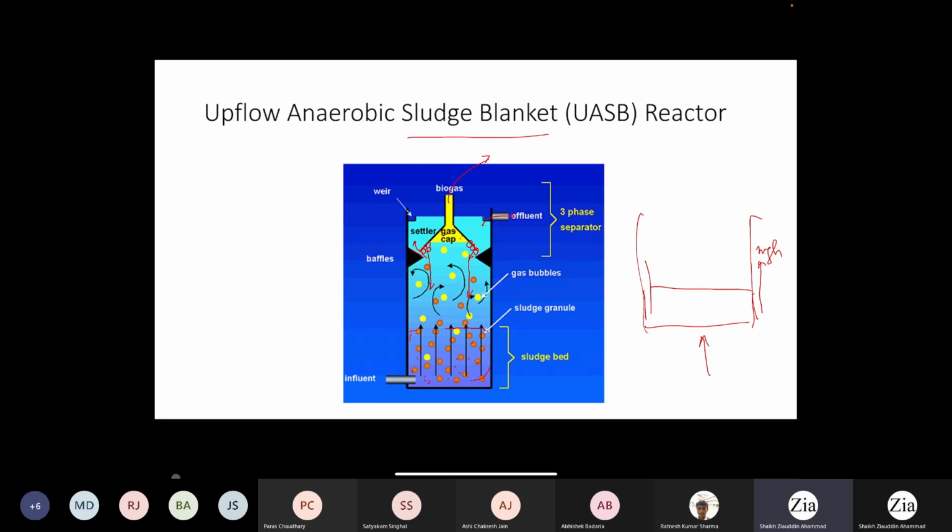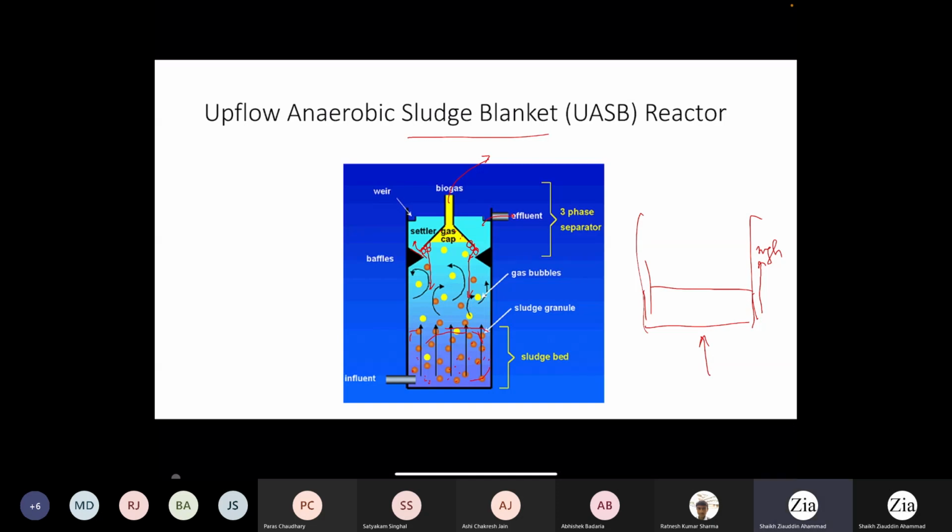But the advantage is that you are not using any aeration, so operation and maintenance cost is very low, and you are also recovering energy. So essentially, you can generate a certain amount of revenue from the system. The biomass you get in the reactor after a certain period of time is all digested biomass, and it can be used as a fertilizer. So you have multiple benefits with this reactor system.